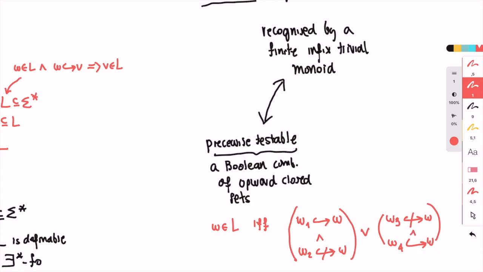The Boolean combination of conditions. Somebody is Higman smaller than me, or somebody is not Higman smaller than me. That's what a Boolean combination of upward closed sets is. Now these things are originally called, I believe, by Simon pieces, hence the name.